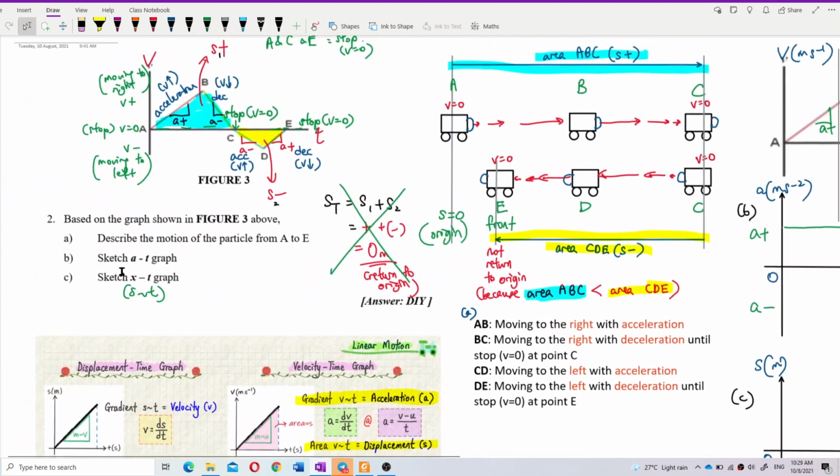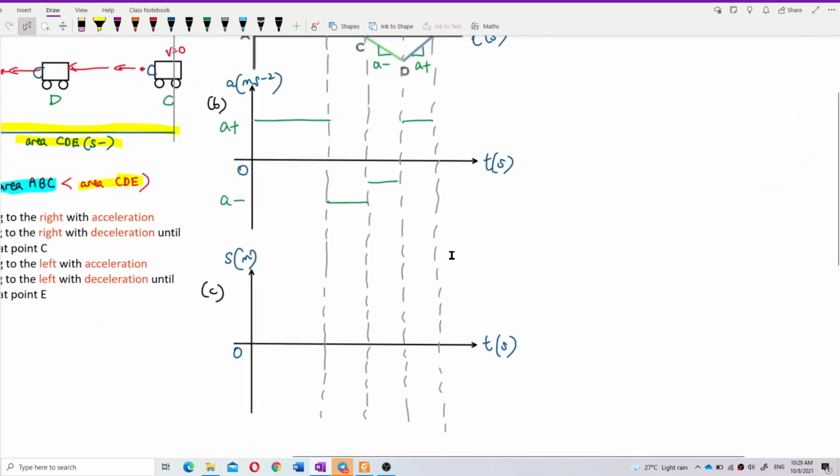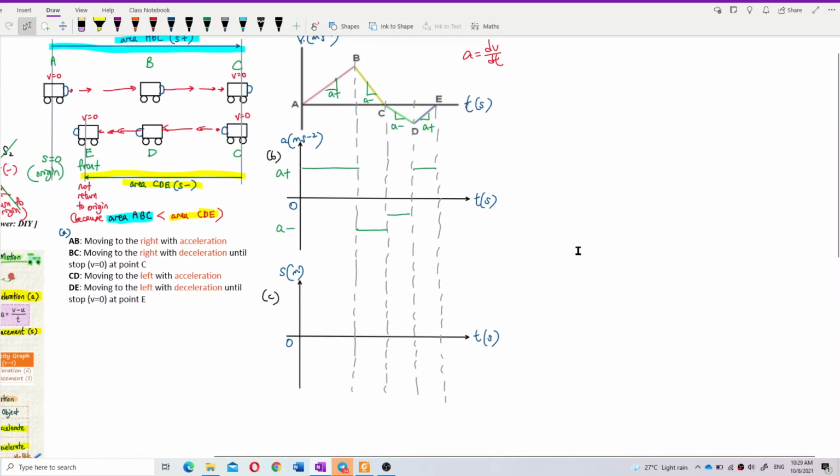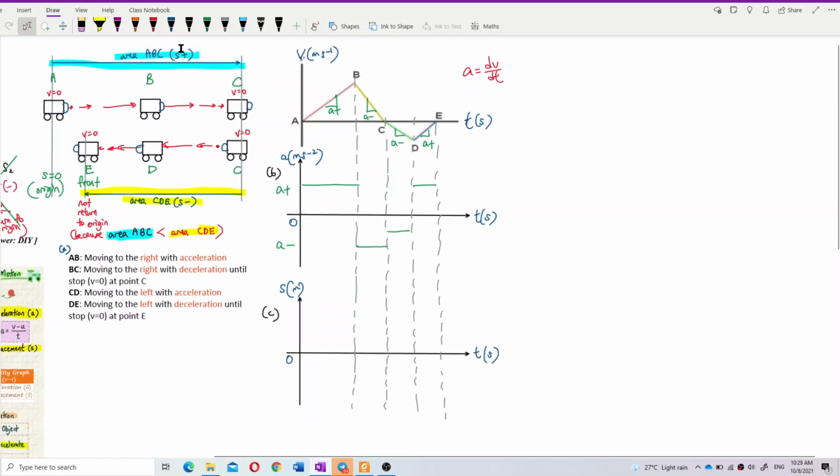Now how about the displacement time graph? How to draw it? This is a bit tricky, but it's easy, still can do. One thing to remember is that velocity is the gradient of the displacement time graph.